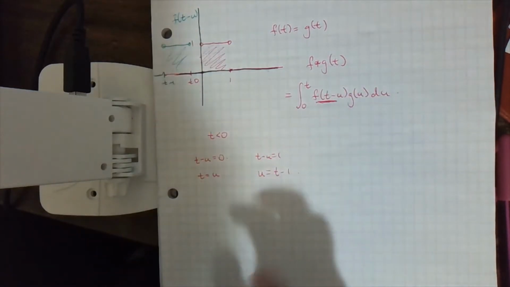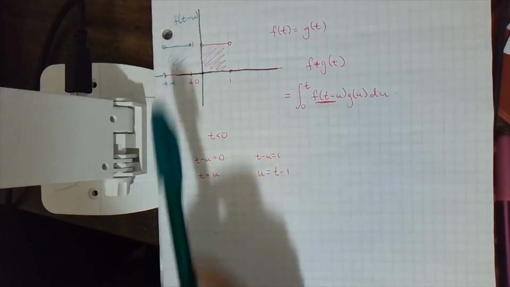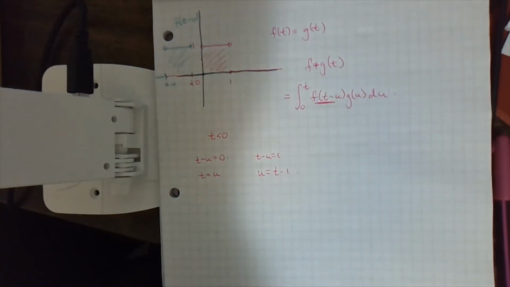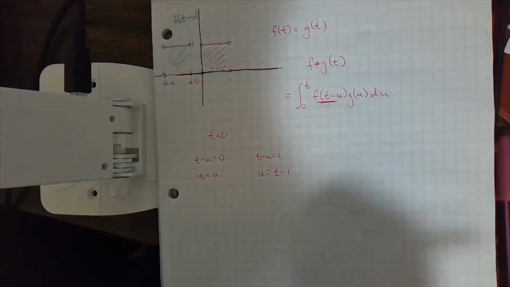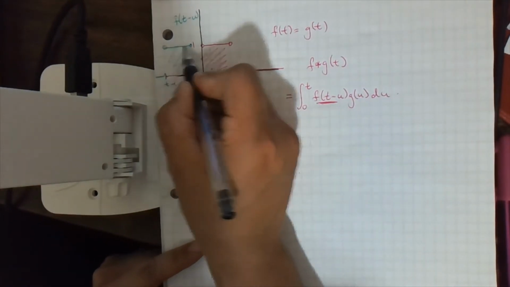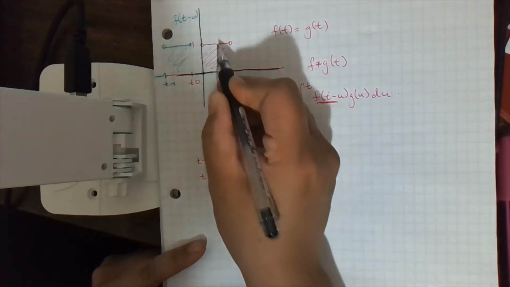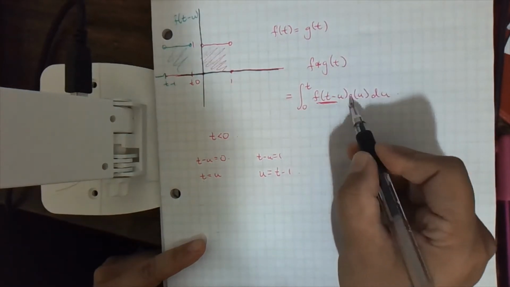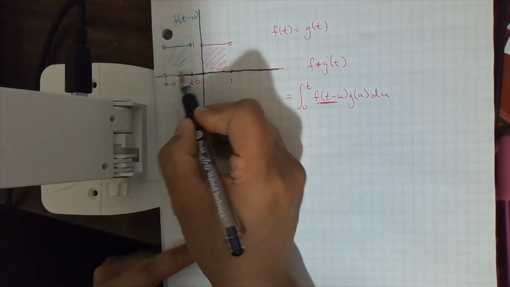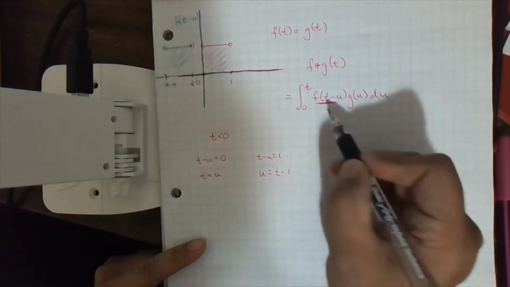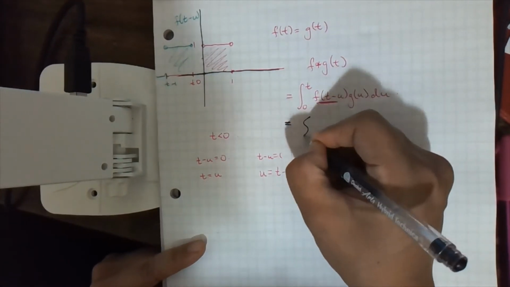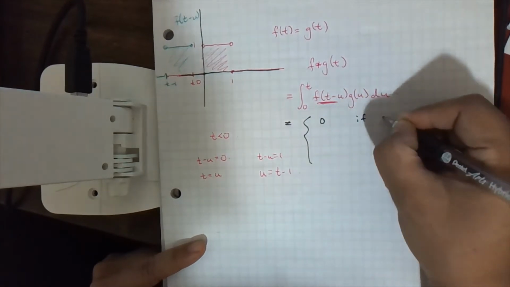It's a mirroring and a shift that's actually happening, but the mirroring doesn't really get shown because it's symmetric. Then the product: these guys are never 1 at the same time. At any value along the x-axis, one of these, the green and the pink function, is always 0. So this integral is just going to be 0 if t is less than 0.